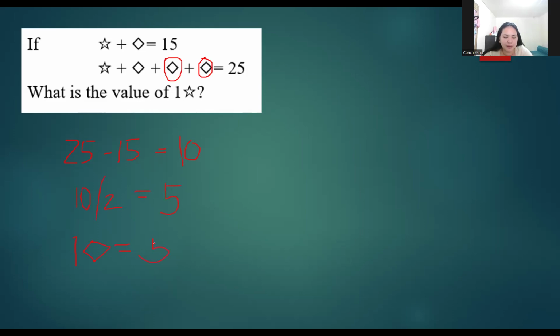And then you go back to the first equation, this one. You add 5 equals 15. So what's the missing number? 10. It's just gonna be 10.